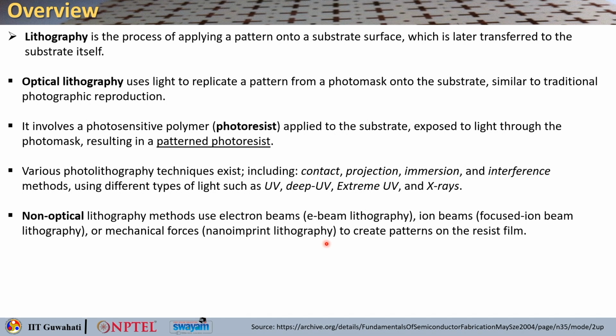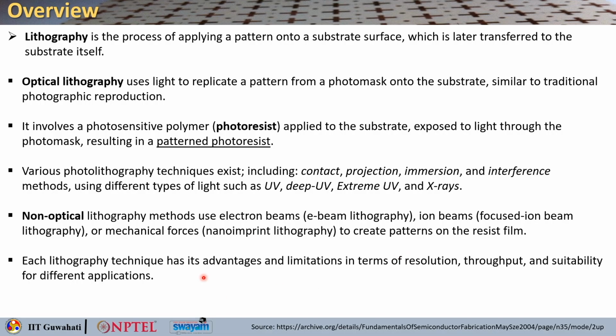These are different non-optical lithography methods to create patterns on the resist film. Each lithography technique has its own advantages and limitations in terms of resolution, throughput and suitability for different applications, and that is why all these different methods are important, because they are used in different scenarios.